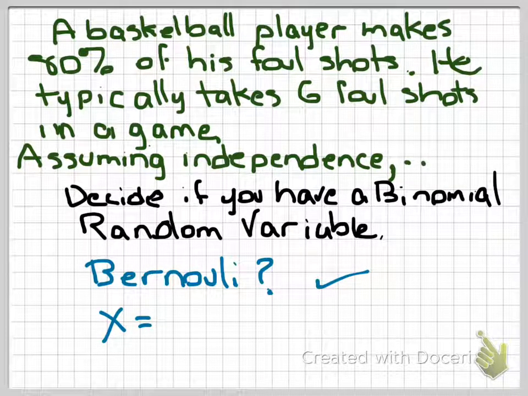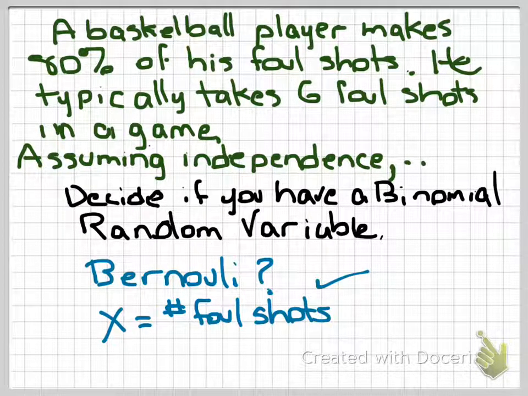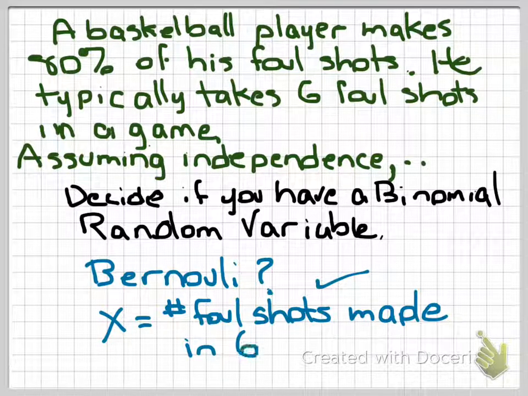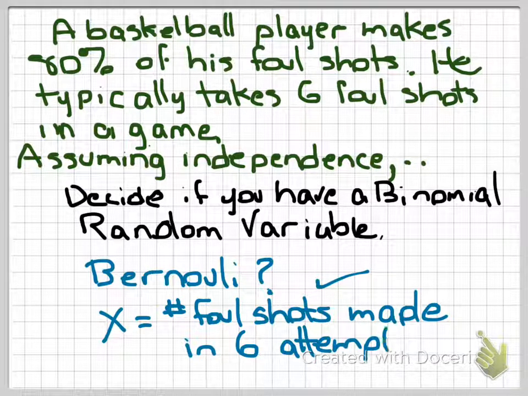And so in this example, we have X is equal to the number of foul shots made in 6 attempts. And so yes, we have a binomial model here.